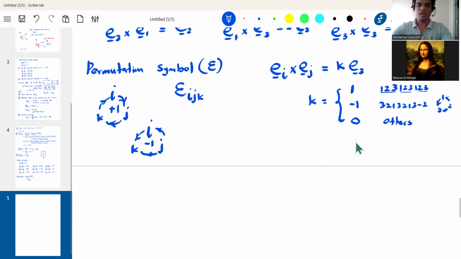So now I'm going to write this here. EI cross product with EJ, how can I write this? Epsilon IJK EK. So this is the answer.